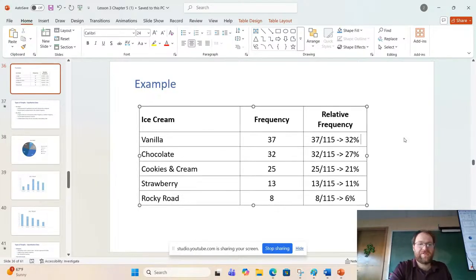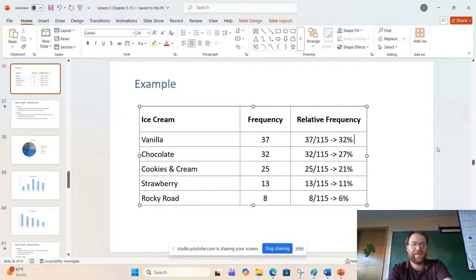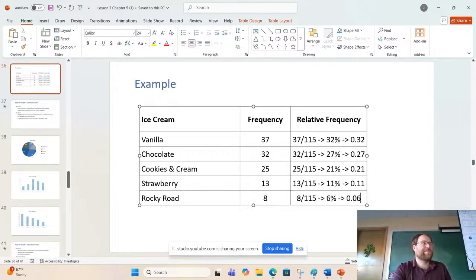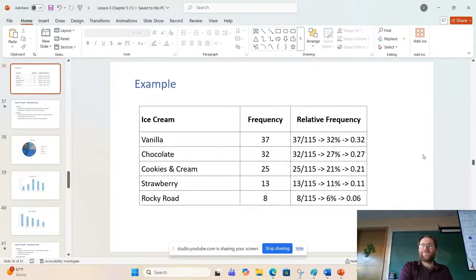And then just to clarify, 0.32, 0.27, 0.21, 0.11, and 0.06 in decimal form.